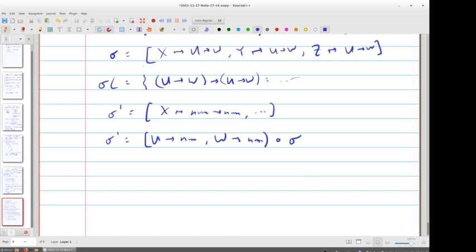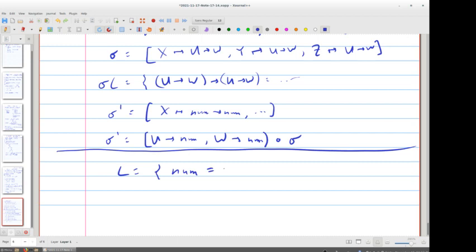Let's look at one more example here. Let's say our constraint set is num should be equal to num arrow y.